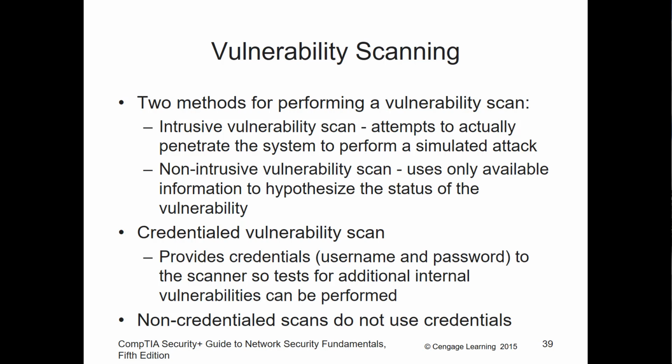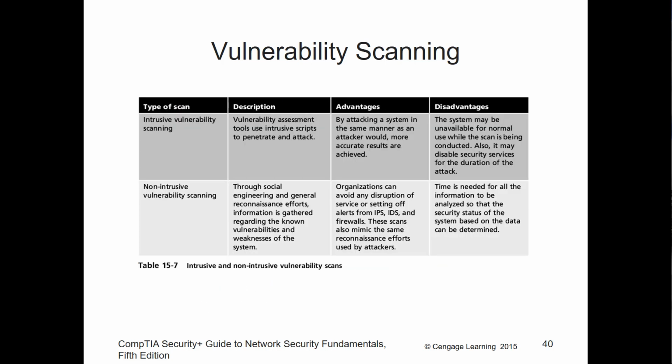We also have what's called a credentialed vulnerability scan, and this provides credentials, usernames and passwords, to the scanner to test for additional internal vulnerabilities. We have a non-credentialed scan, and this does not use credentials. Types of scan, again, intrusive, non-intrusive. You can go through the advantages and disadvantages.